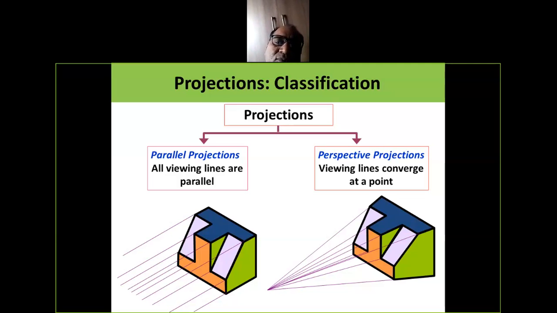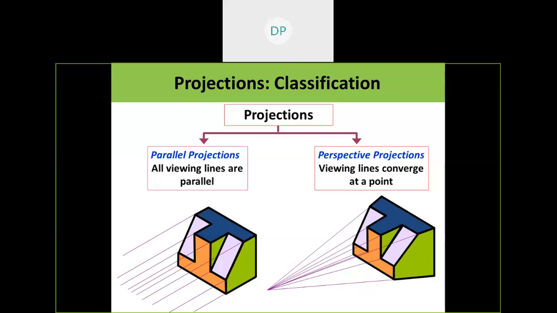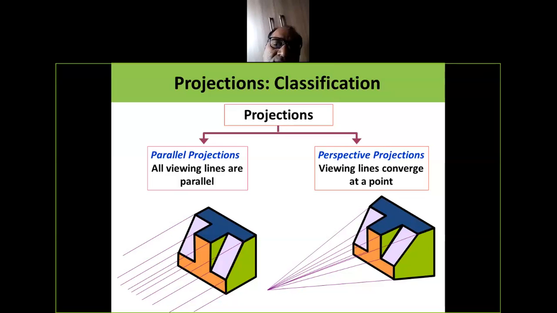Parallel projections are those in which all viewing lines are parallel. Next, perspective projections, in which viewing lines converge at a point. All the viewing lines converge, fixed or met at a point.